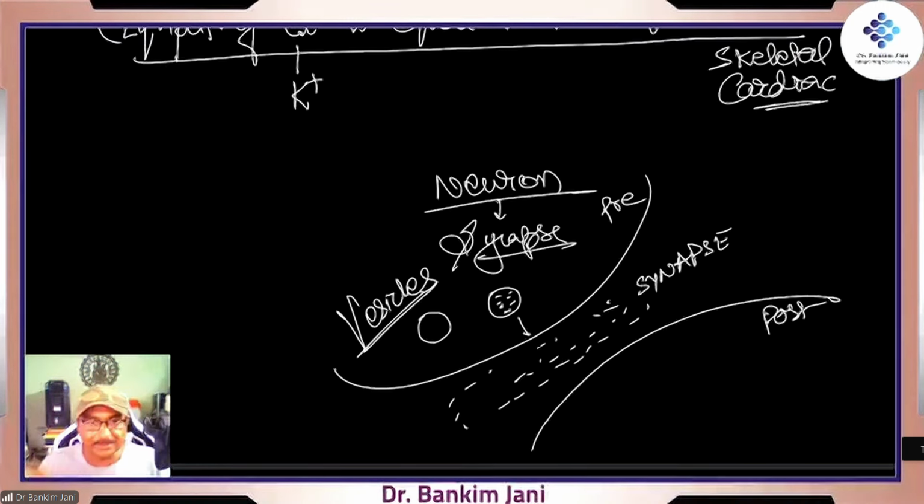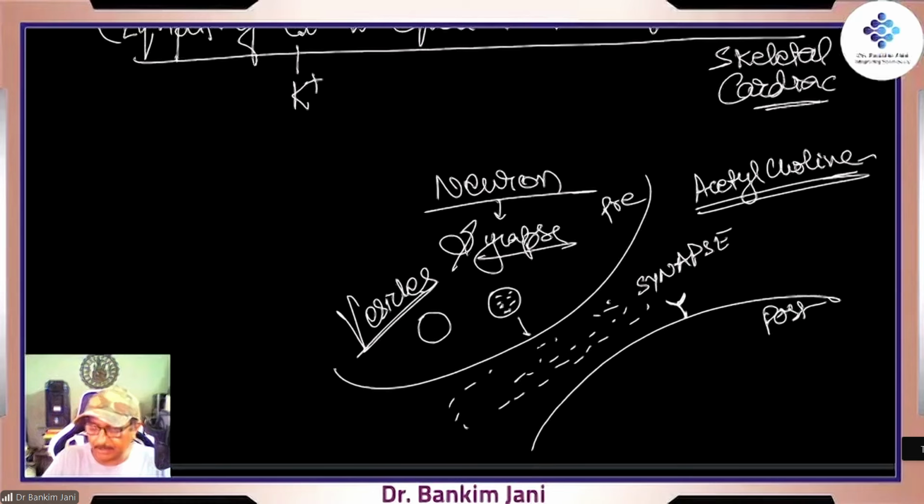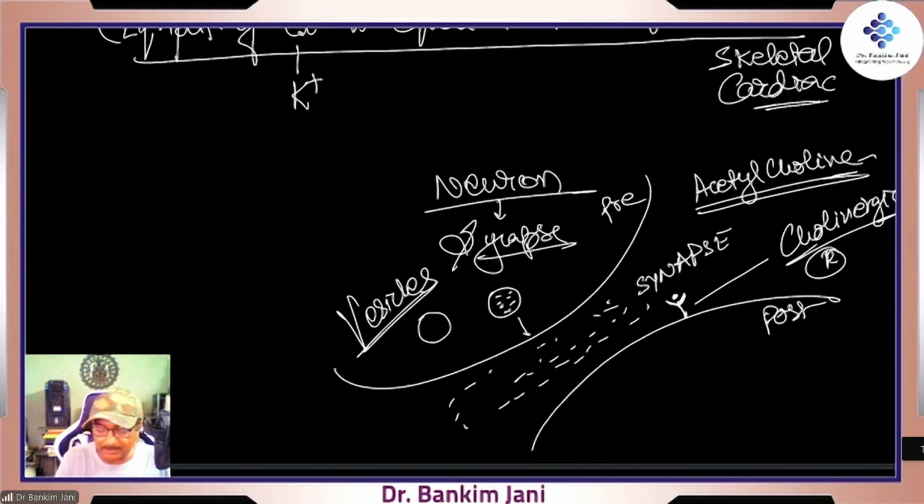But as these neurotransmitters are released, there are the receptors. Which receptor? Let's say the neurotransmitter released is acetylcholine. That means we have the cholinergic receptors. These cholinergic receptors will be stimulated because acetylcholine will be acting as a ligand for it. Acetylcholine is the neurotransmitter, it will be the ligand. So that means these are the receptors which are ligand gated receptors.